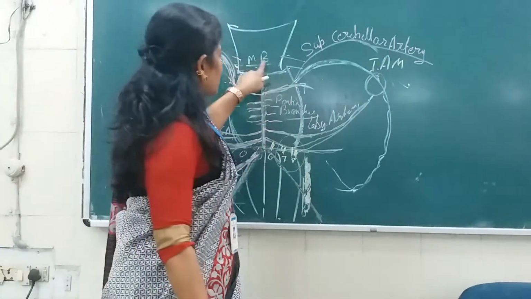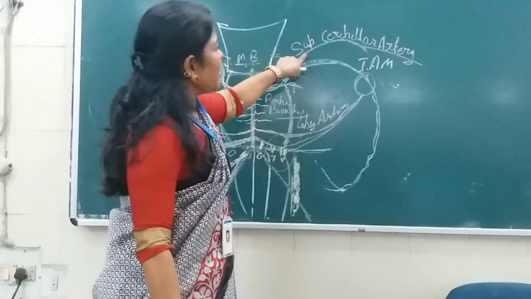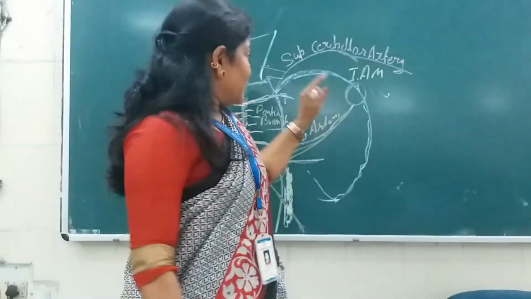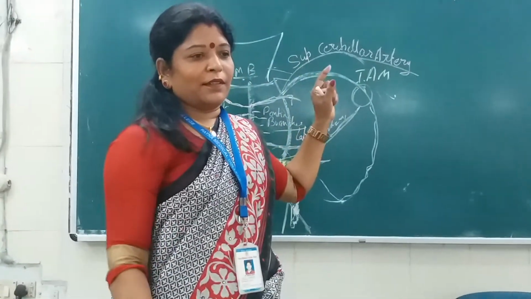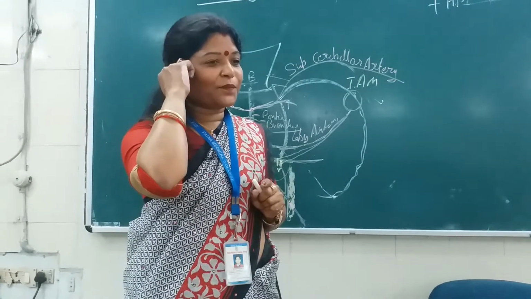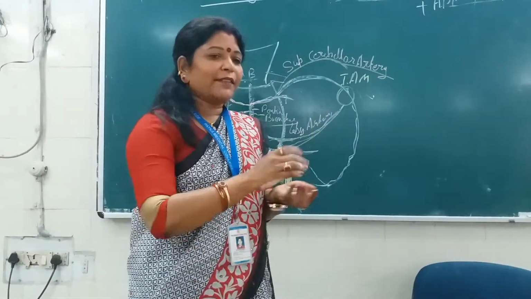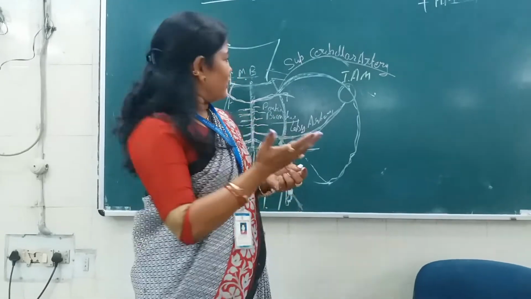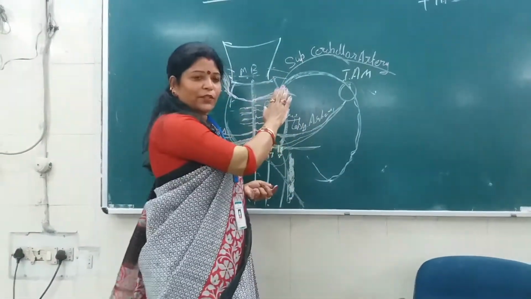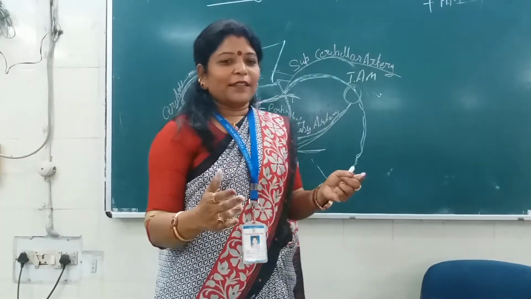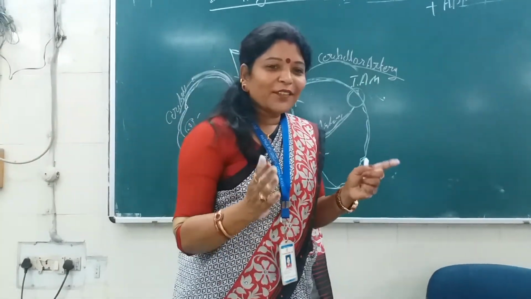Isn't it? And a very important structure supplied by the superior cerebellar artery, and that diagram, that is on the dorsal aspect of this brainstem, is the diamond shaped area known as the fourth ventricle.